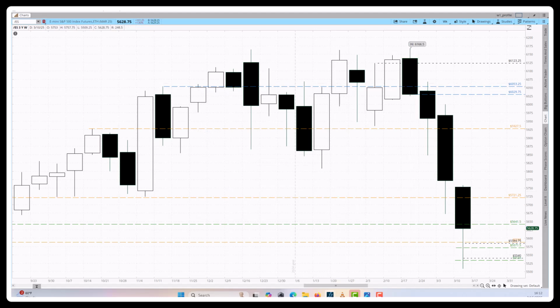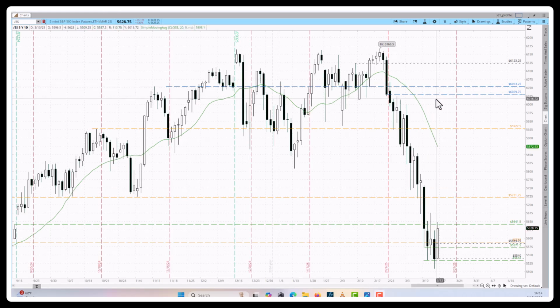All right, so now we look at the daily to see how this plays out. If we look at the daily, you can see that the level right there, basically, it breaks down that level, and then it's the 24th.